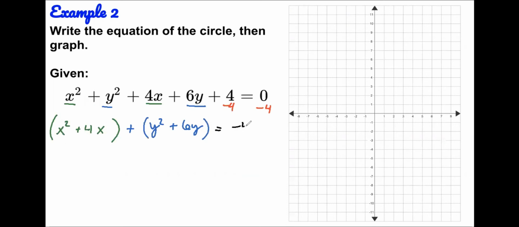Equals -4. Now from here, I'm going to complete the square for both of my terms that I've grouped together for my x's and my y's. So let me go ahead and rewrite this so you guys can see it. I have x to the power of 2 plus 4x plus that open space.